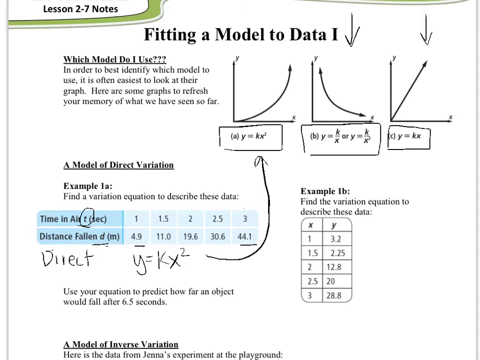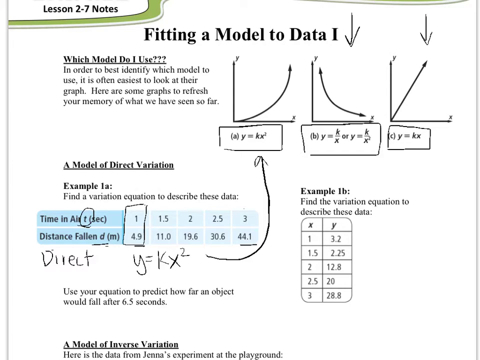Now I'm going to check that and see if that's right. I'm going to plug in t is 1 and d is 4.9 to see if that works in my y equals k times x squared formula. I will rewrite this with d's and t's instead of y's and x's.